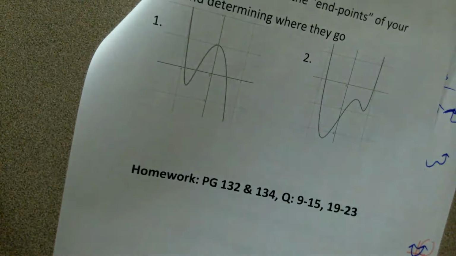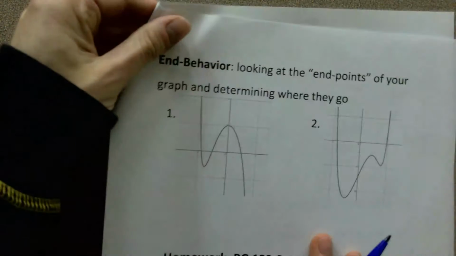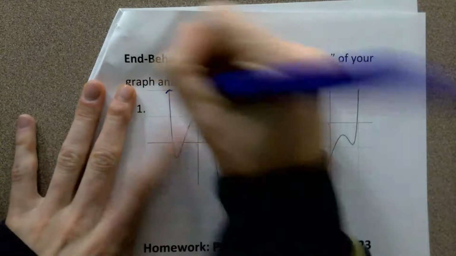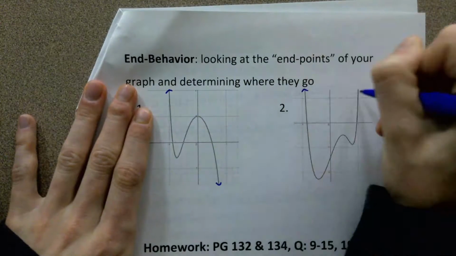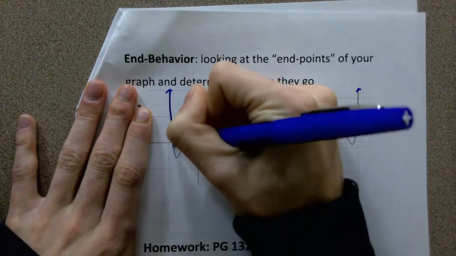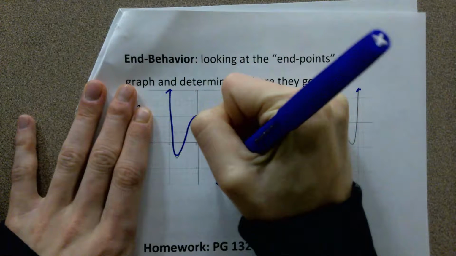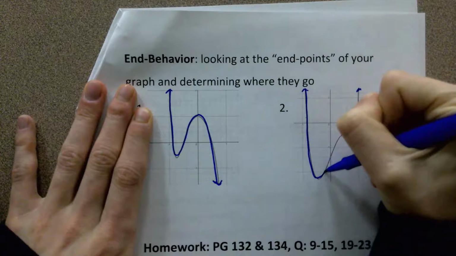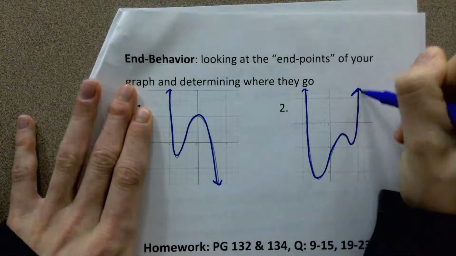Lastly is end behavior. End behavior is looking at what happens at the ends, where the graph is continuing forever. Let me redraw this a little bit. This is continuing forever. This is continuing forever.